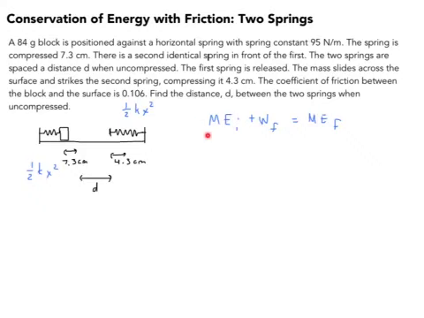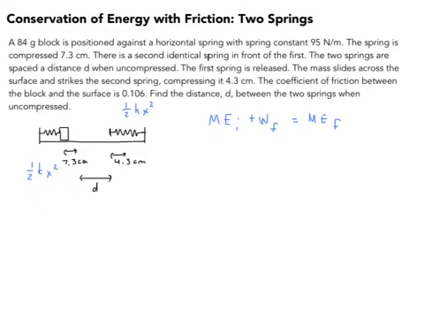If we initially have 10 joules of mechanical energy, and then friction does -2 joules, well, the final energy would only be 8 joules. So the work done by friction is always some negative value which subtracts from the initial energy to give a lower final energy. And that's exactly what happens. As the block slides across, the work takes away or dissipates some of the initial energy in the system, making the final less.